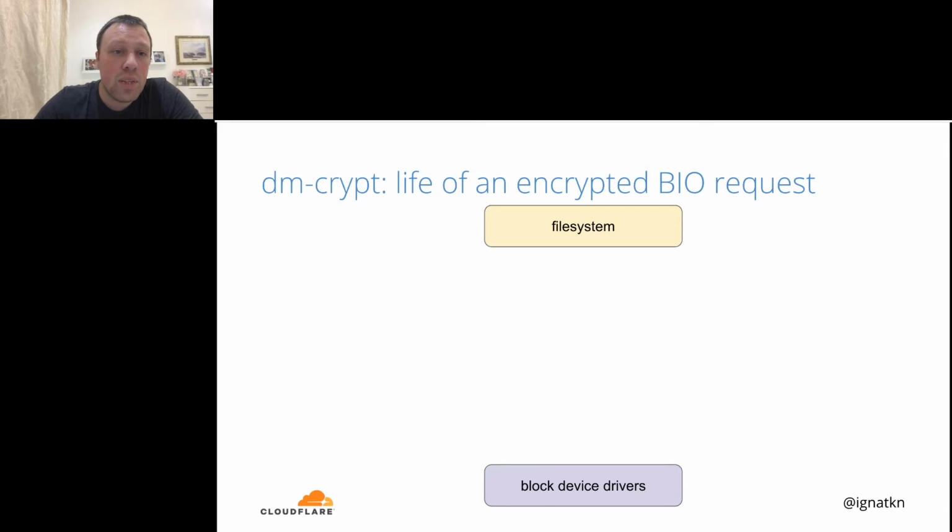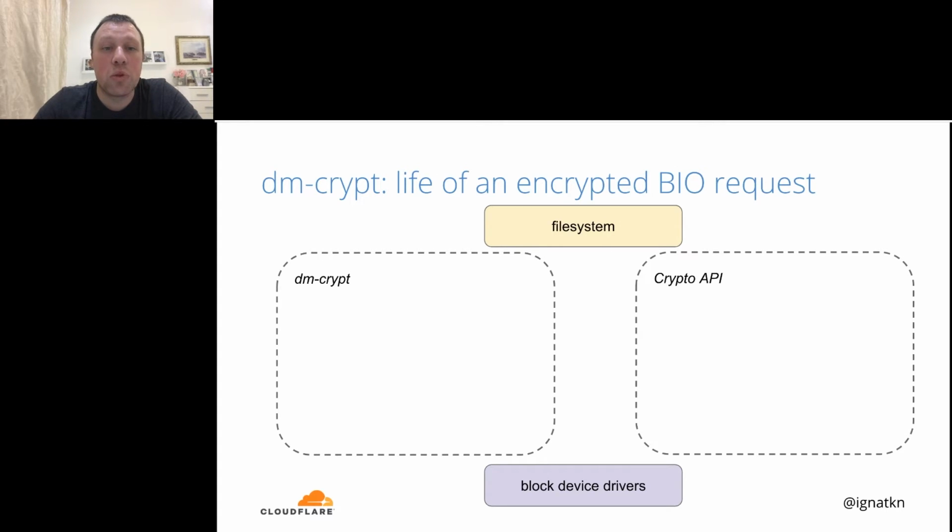So let's review the life of an encrypted bio request. Again, we have our file systems, we have block device drivers, and we have dm-crypt with the crypto API in between. When a file system issues a write request, dm-crypt does not immediately submit it to a block device driver. Instead, it queues it to be executed on an asynchronous thread. It runs one thread per dm-crypt instance.